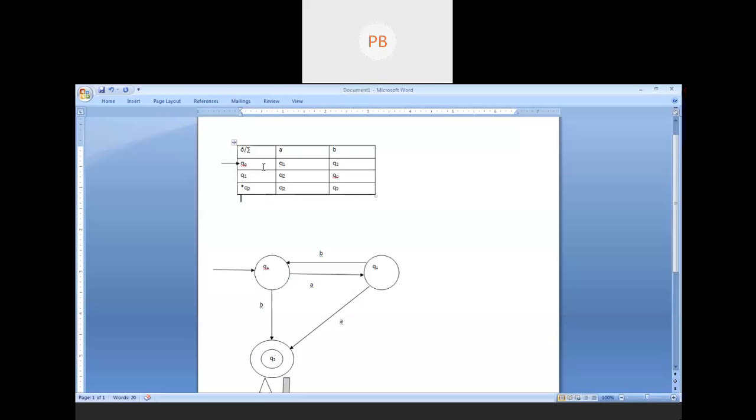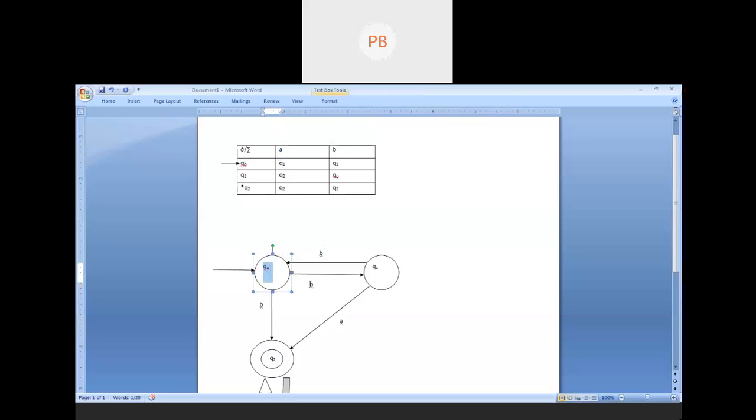Okay. Now how can we explain the whole table? Suppose we are starting from Q naught. We use the input symbol A, then we reach Q1. This is our current state, this is our input symbol, and this is our next state.